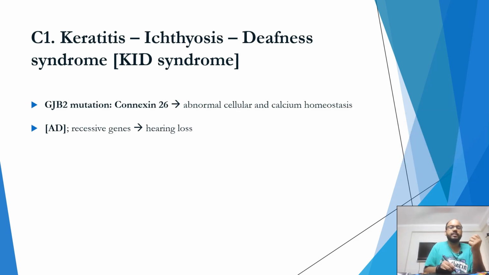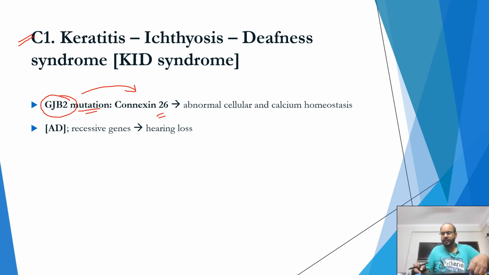The first syndrome that we'll discuss is KID syndrome, or keratitis ichthyosis deafness syndrome. It is caused by a mutation in the GJB2 gene, which encodes for connexin 26. What are connexins? We discussed that previously, in the second part of ichthyosiform disorders, the second video that we made about 2-3 weeks back.